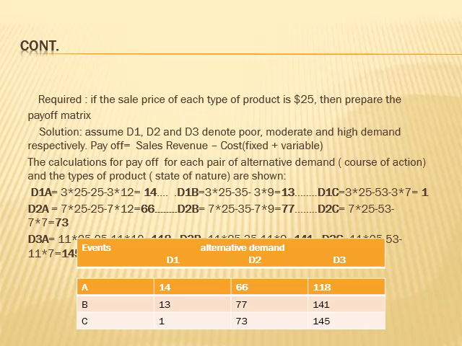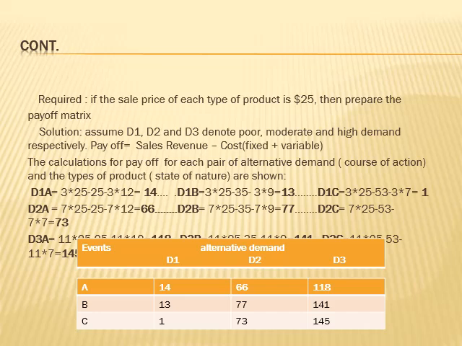So these are the events, the states of nature, and this A event is the course of action, and alternative demand is the state of nature. For product B, when demand is poor it is 13, when demand is moderate 77, when demand is high 141 respectively.